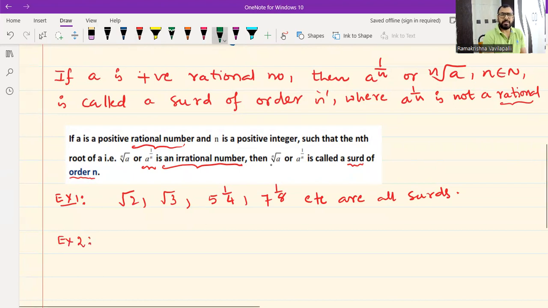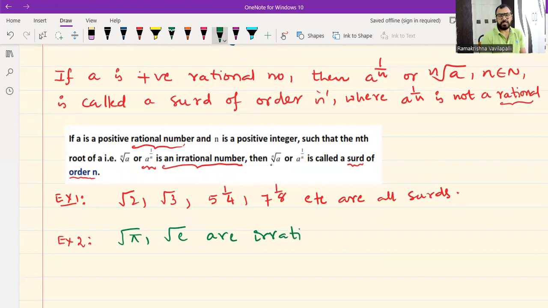Square root of pi and square root of e are irrational numbers but not surds.